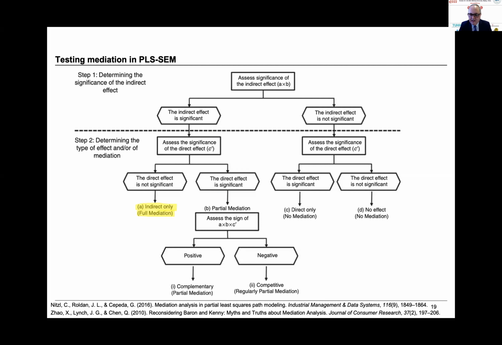The moderation hypothesis is supported if the D parameter is significant. To determine that significance, use bootstrap. To determine the strength of this moderation effect, the f-squared ratio is used.